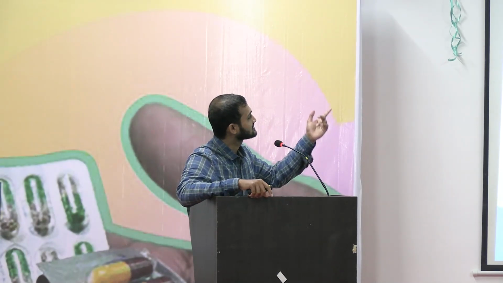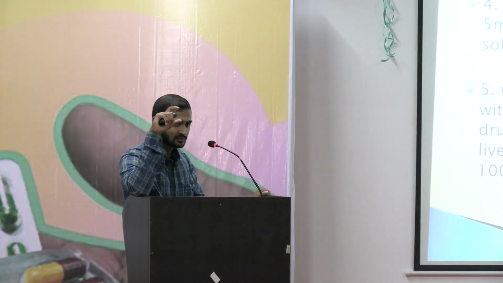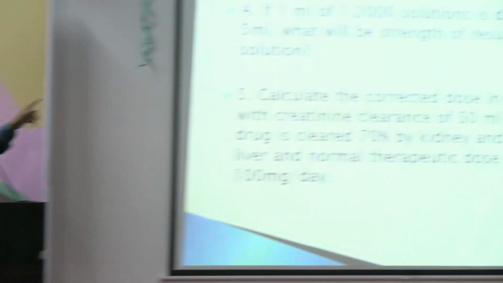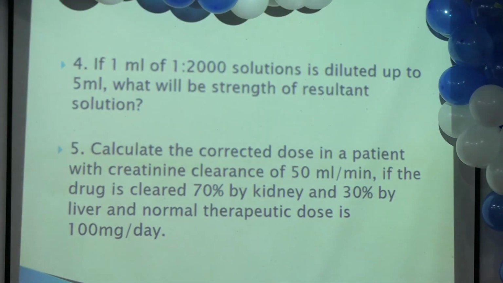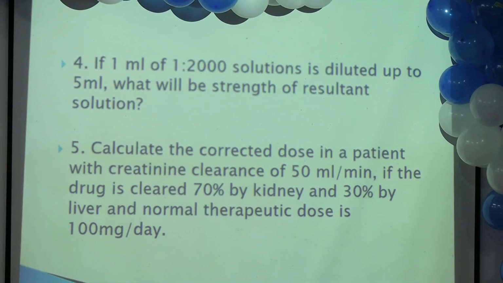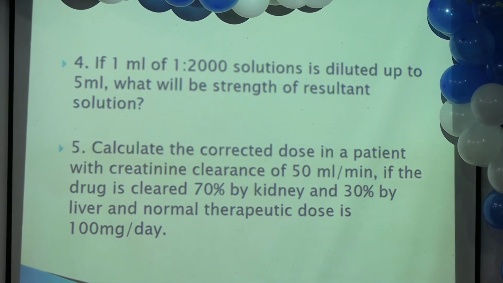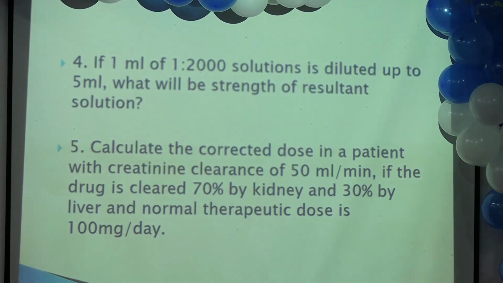So what it says is, this 1 ml of solution is containing a 1:2000 ratio of solution. 1:2000 means 1000 of the solute is dissolved in 2000 ml of the solvent. If you just cut the zeros, how much does it come to? 1 milligram per 2 ml, isn't it?